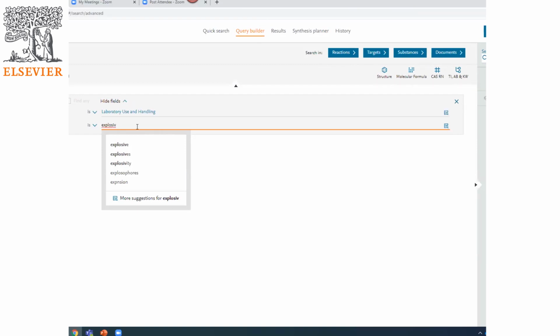explosiveness. But the secret which I would like to share with you is that in all text searchable fields in Reaxys, we have additional tools like star, which means any combination of letters and digits, and question mark, which means any letter or digit, but only one.